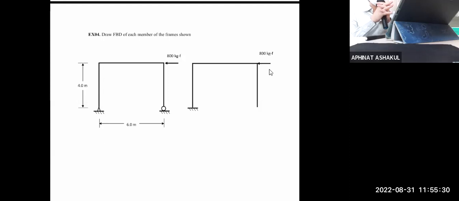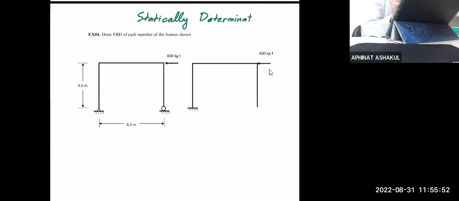Of course, try to write it down to help you. We're still dealing with a statically determinate structure.